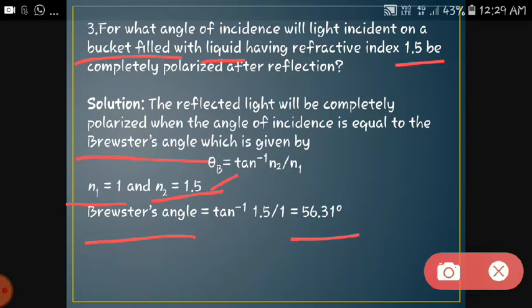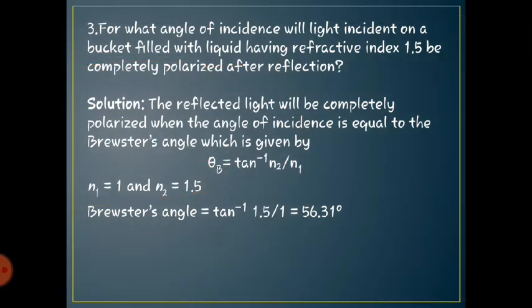Okay, so this is very easy. In this you have to remember one condition: all the light will get polarized only when Brewster's angle is equal to the angle of incidence, and only then will the whole light incident on the liquid get polarized. Okay, so this is it.